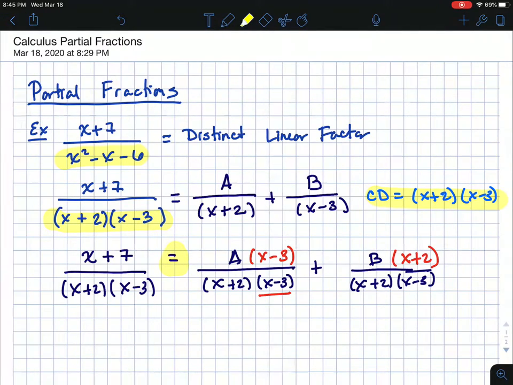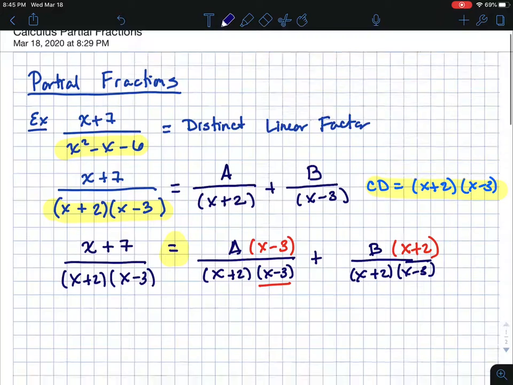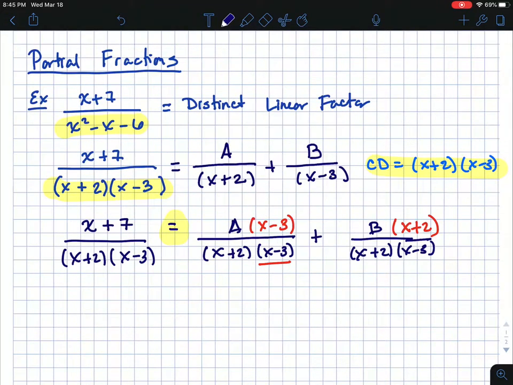Okay, so we're not going to even worry about our denominator anymore. So what we're going to have is x plus 7 equals a times the quantity x minus 3 plus b times x plus 2.